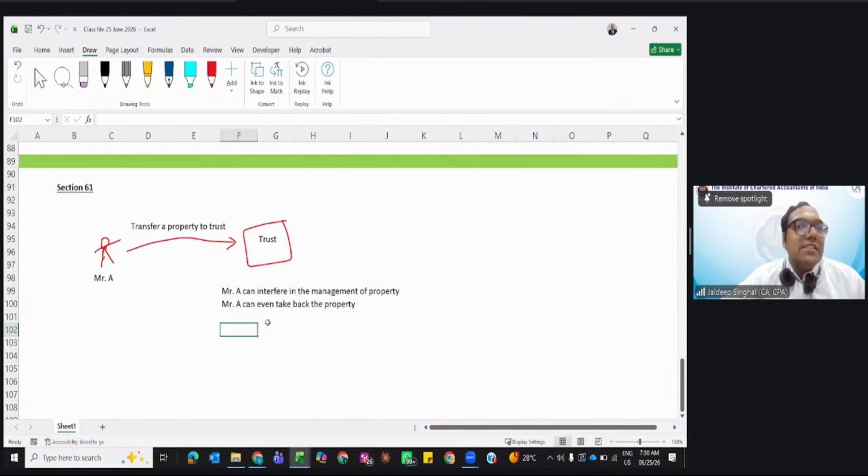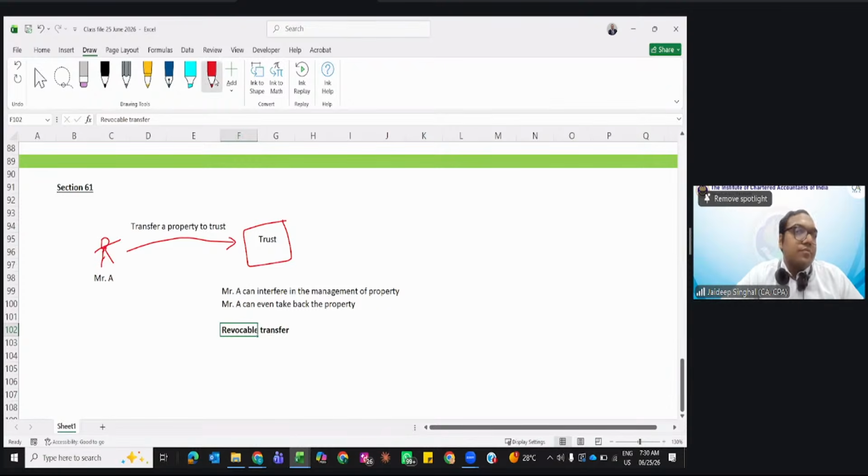If you can take back, this is a revocable transfer, which can be terminated in a sense. This is a revocable transfer because you can take back the property. You can revoke the transfer. Ideally you have transferred your property, but you have the right to revoke. You have the right to cancel the transfer, right?